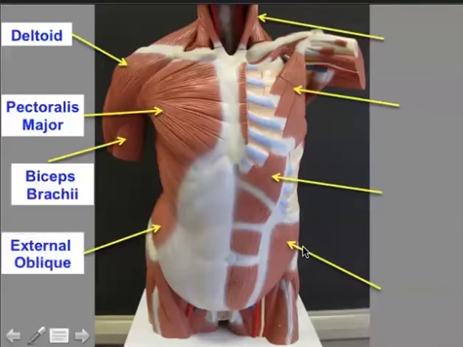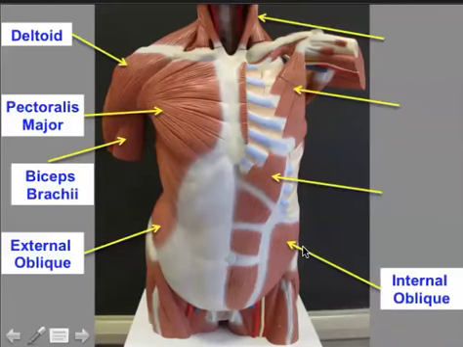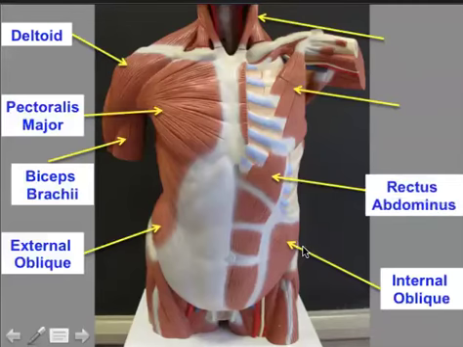Down here is the external oblique, one of four muscles involved in holding your abdominopelvic contents inside your abdominopelvic cavity. The muscle that's deep to the external oblique is over here, the internal oblique. And the muscle that has its fibers running along the long axis of the body is the rectus abdominis.